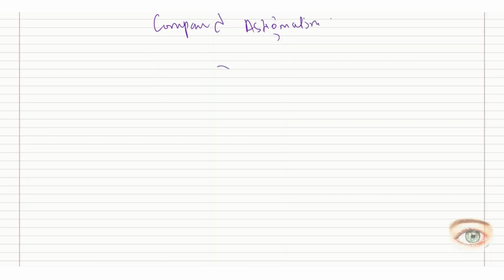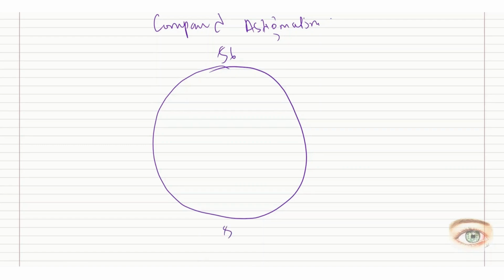Now, this is a cornea and we have 56 diopters at 90 axis and 54 power at 180 axis. At this point, we will have 55, right? And what will be in between?